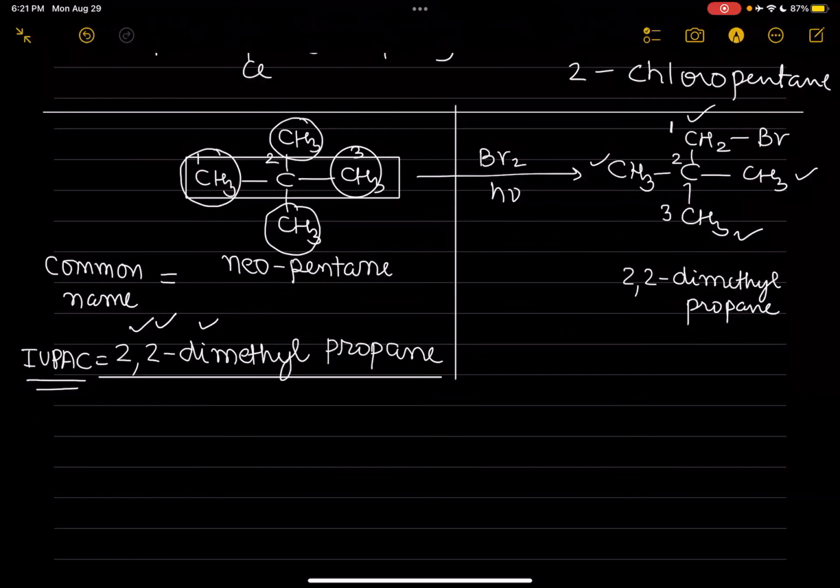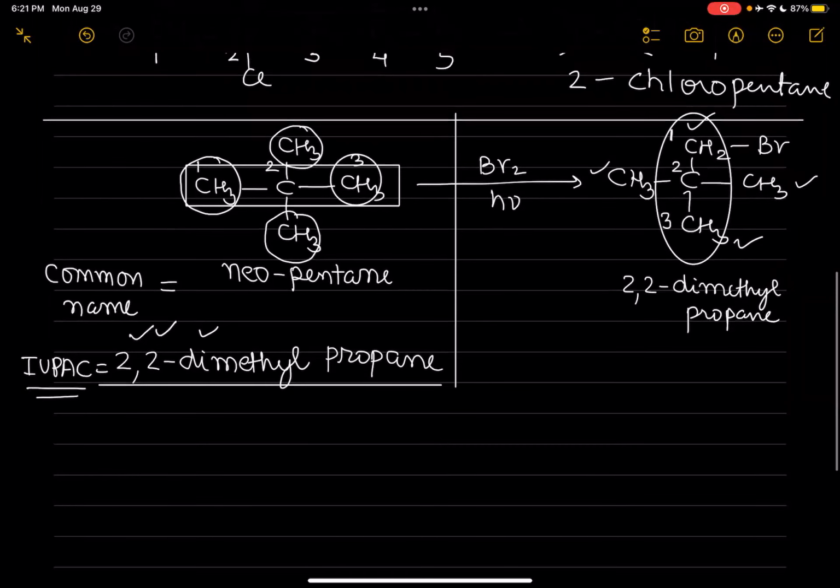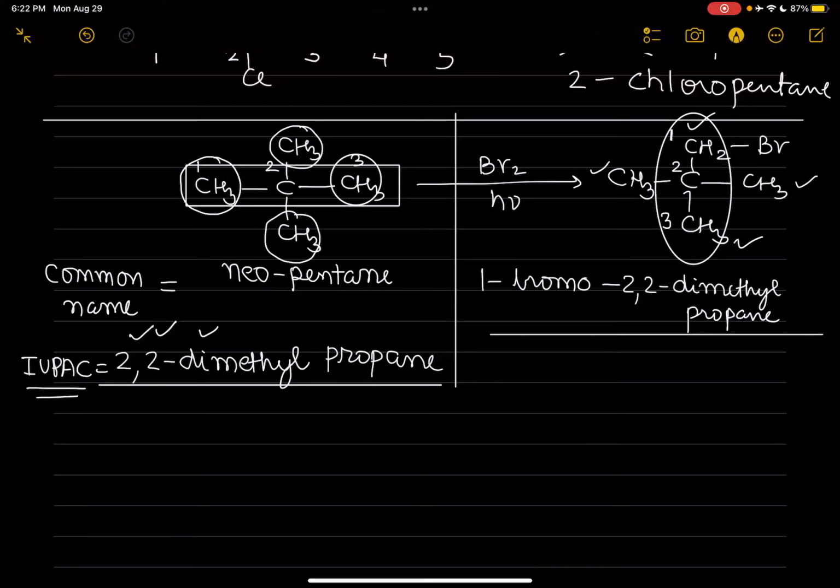You need to do the numbering from this end, because this chain has bromine also. You select the longest chain having the maximum number of groups attached to it. So this is 1-bromo-2,2-dimethylpropane. Is it clear? The common name is neopentyl bromide.